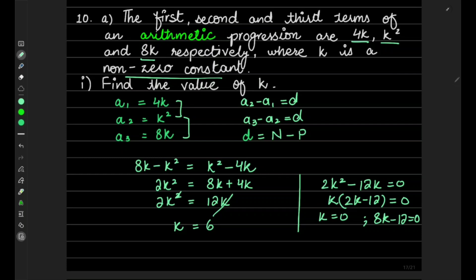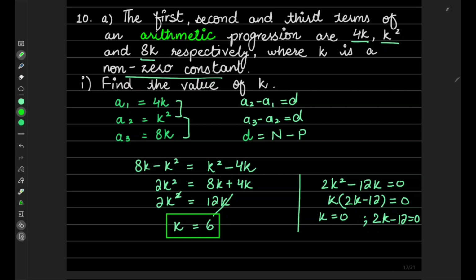So in this way, this will also give you k equals 6 and k equals 0. But we know that k is not 0, so we can just do directly by cancelling the variable on both sides. So k is equal to 6. Okay, this is how we got the final answer.